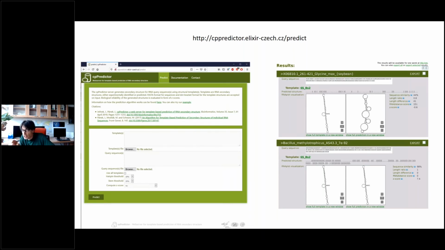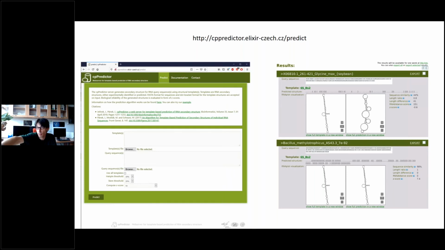Besides the template-based prediction, cpPredict can also be used for testing if the query sequences can adopt a particular structure, which is quite useful if you have sequences of unknown RNAs and you want to know if they are homologous to the template RNA.